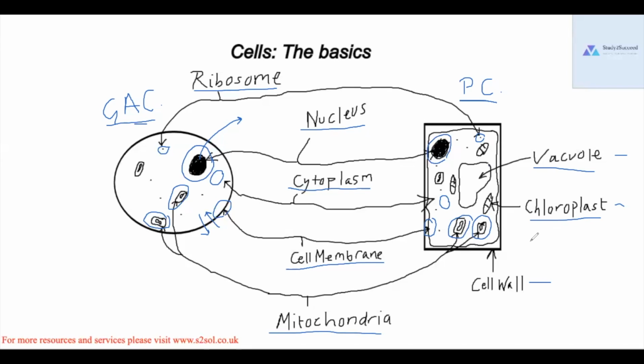And the last structure that we need to know about plant cells is the cell wall. Now, the cell wall is this outer, thicker structure that we see here. And the role of the cell wall is to provide support for this plant cell. So if you've ever wondered why plants are able to stay upright and grow upright, it's largely to do with the presence of a cell wall.